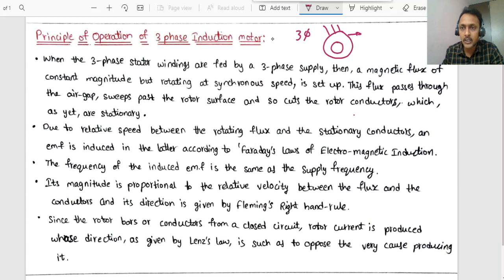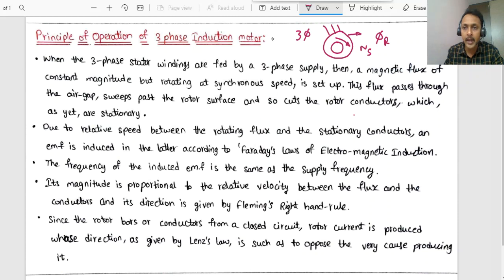Because of each phase, three individual fluxes will be established, but overall we will have one resultant flux, phi r, which will be rotating at synchronous speed, Ns.